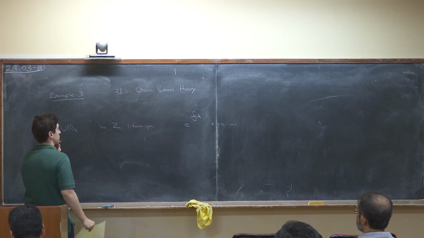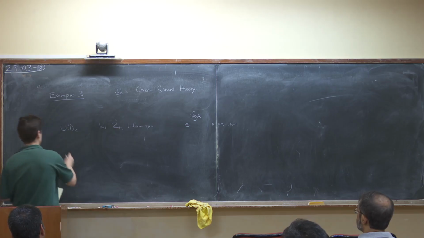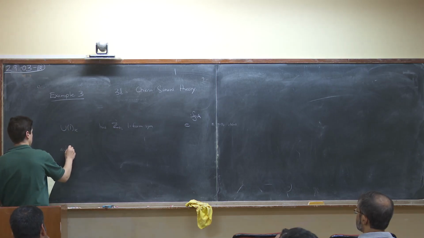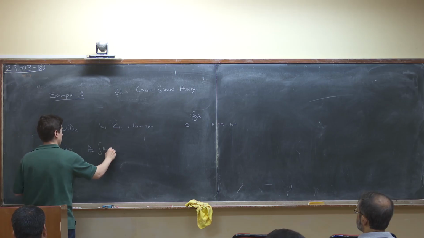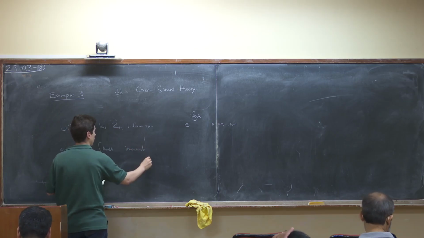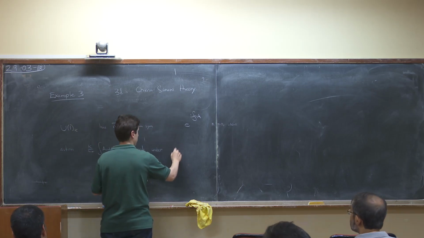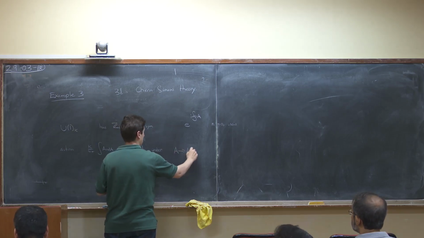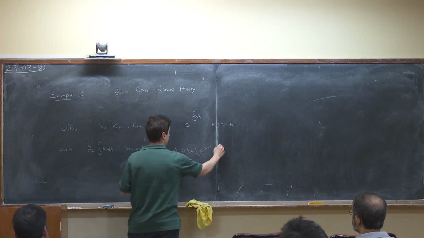Alternatively, you could think about this symmetry as coming from a symmetry of the action. The action k over 4 pi, A wedge dA, is invariant under shifts by a flat connection, under shifting A to A plus 1 over k times epsilon, where this is some U(1) flat gauge field.